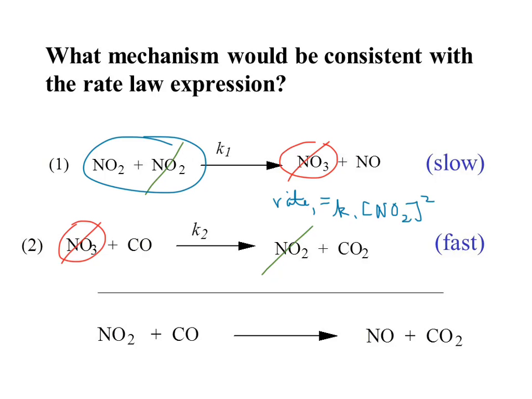So that is what we observed. So we have just proven that these 2 elementary steps add up to be equal to the reaction of interest. The fact that they equal the reaction of interest, and the fact that the slow one's molecularity gives the observed rate law expression, you're like, that must be it. Pat yourselves on the back.